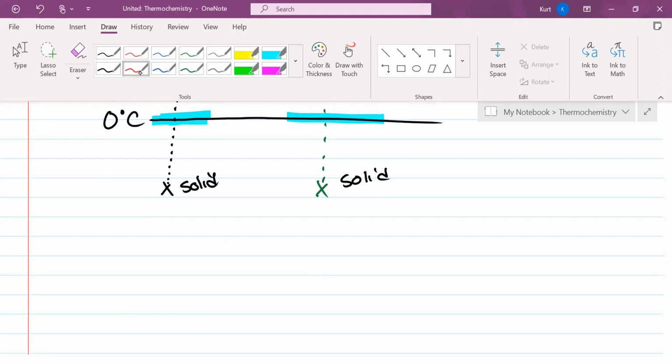Here's your next vocab term. We have been getting a lot of these today, or this week. Enthalpy of fusion.